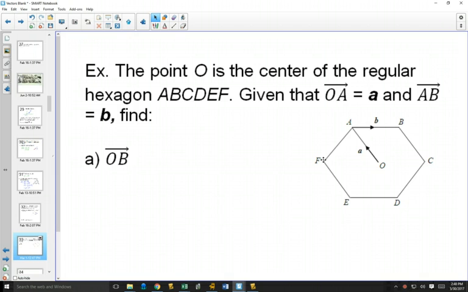So if you want to go from O to B, well, I could get to O to B by going A plus B. I'm probably going to do some of these on the same page so I don't have to flip back and forth from my diagram.